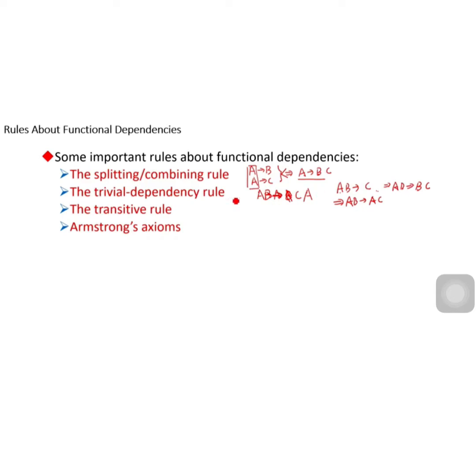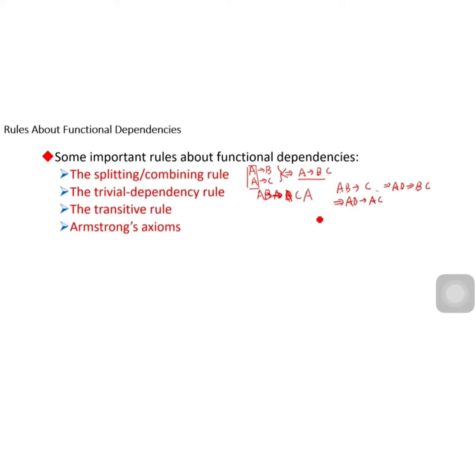In these rules we must know what trivial dependencies are, completely non-trivial dependencies, because only completely non-trivial dependencies are important in the definition of BCNF.